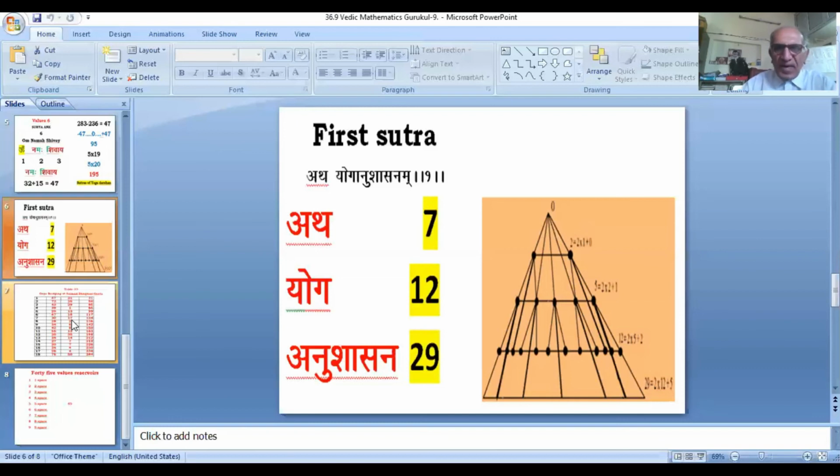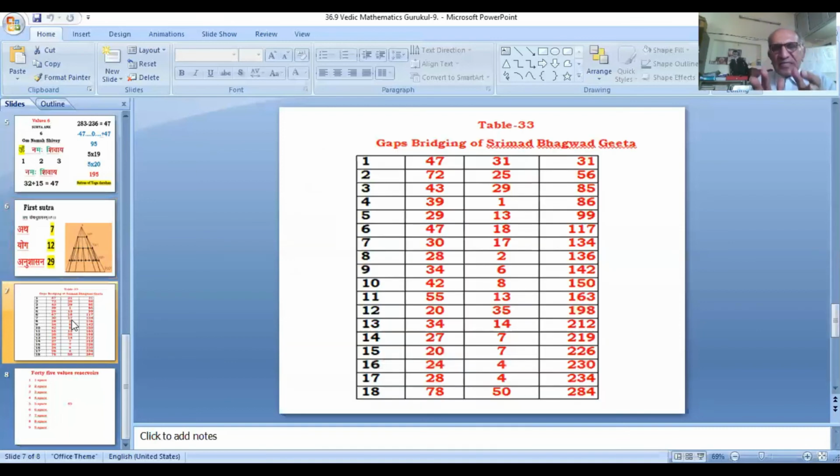And a step ahead, we will see that the first discipline, Arjun Vishad Yog of Srimad Bhagavad Gita as Vedanta Trai, as the end transcendental bliss of the Vedic systems, is 47. That means this difference value 47 of the number of letters of Ganita Sutras is the real catch.